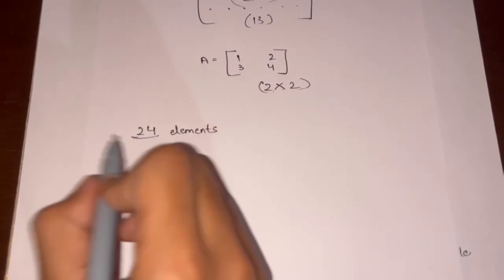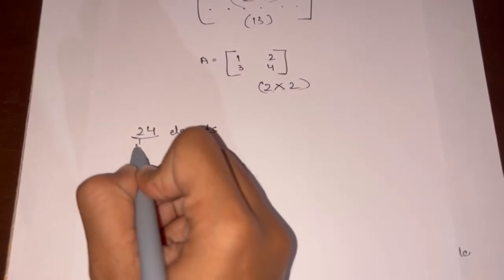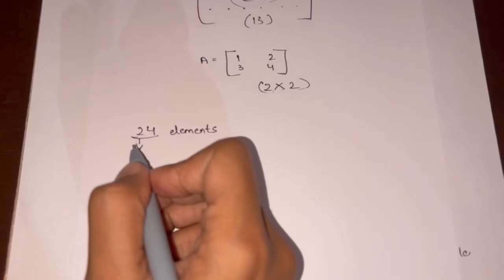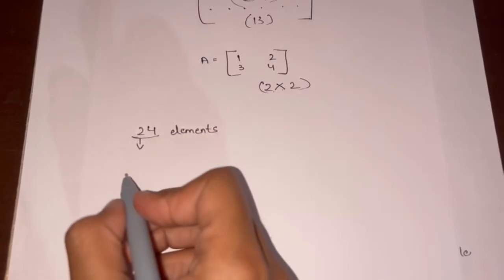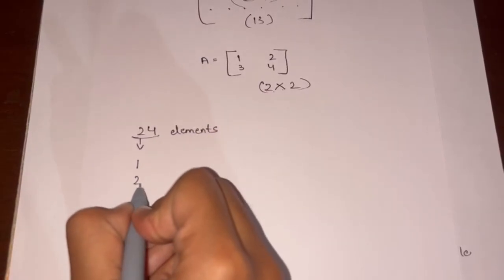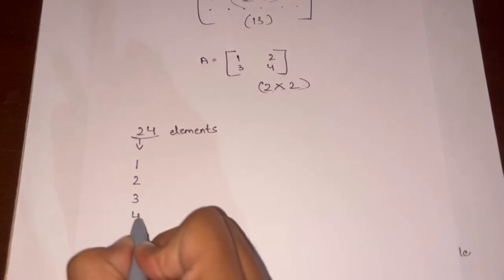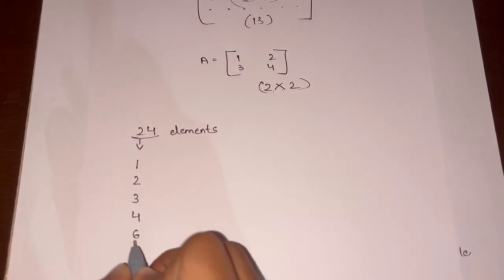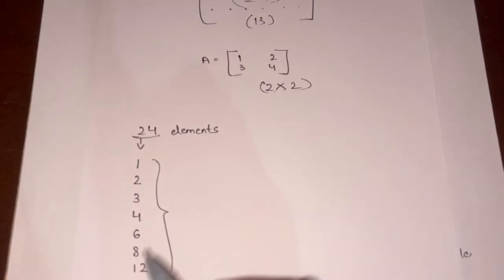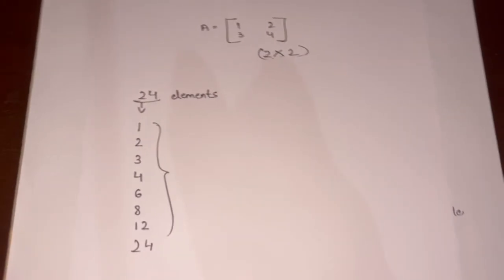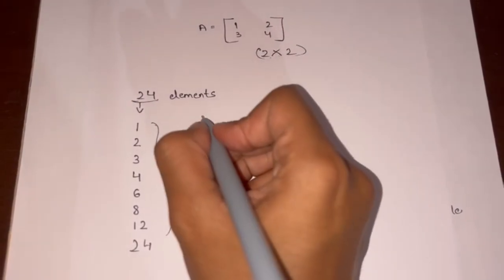You guys have to do nothing, just find the factors of 24. The factors of 24 will be 1, 2, 3, 4, 6, 8, 12 and 24 itself. So these are the factors of 24, and what you have to do here is write down the factors.